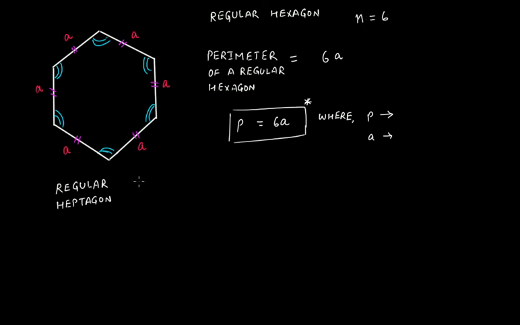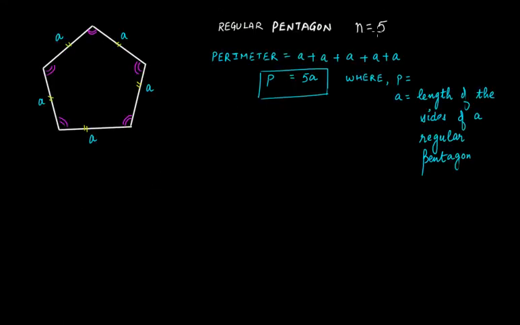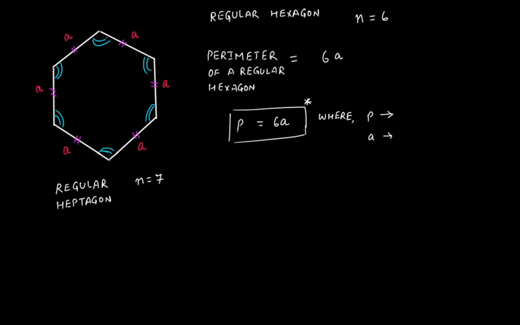For a regular heptagon, n is equal to 7. So if n is equal to 5, then this is 5A. n is equal to 6, that is a regular hexagon, then it is 6A. A regular heptagon, n is equal to 7, it means that the perimeter will be P is equal to 7A, right?